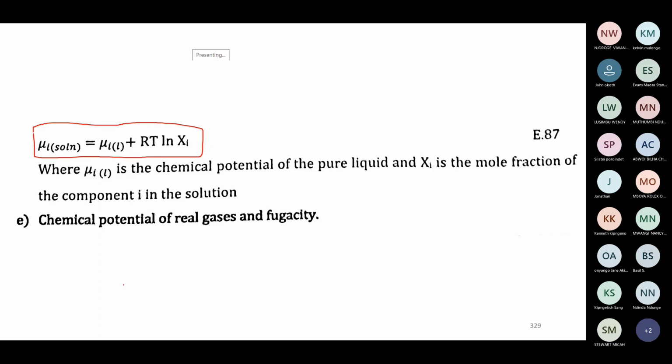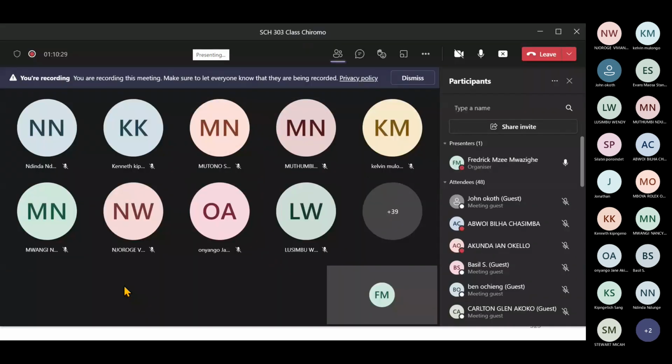So for real gases, of course, we're going to have some corrections. We have just looked at ideal solutions and a mixture of ideal gases. But for real gases, you're going to have some corrections to the expressions. So just give me a second.